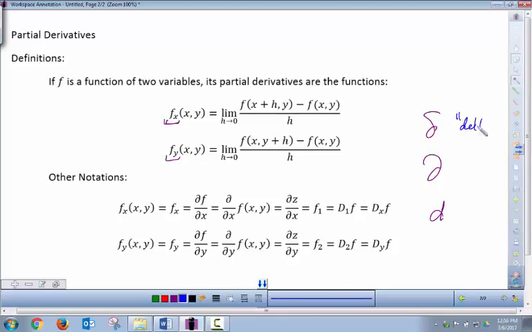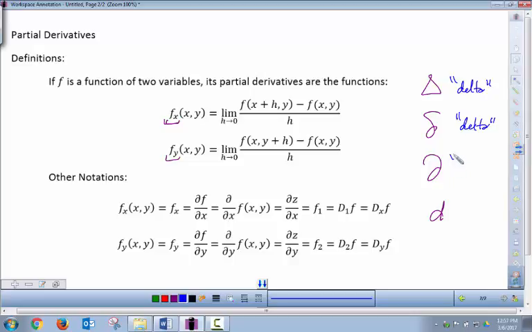So this is lowercase delta that we're not going to use, although it might be used for other things. This is uppercase delta, and delta is usually the symbol for the change in something.